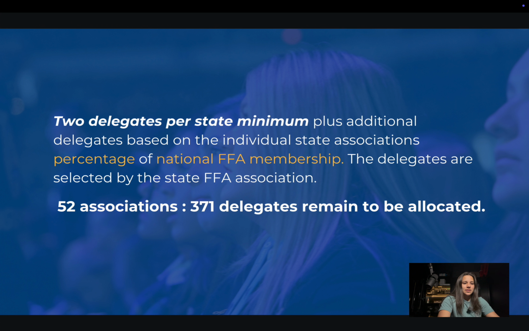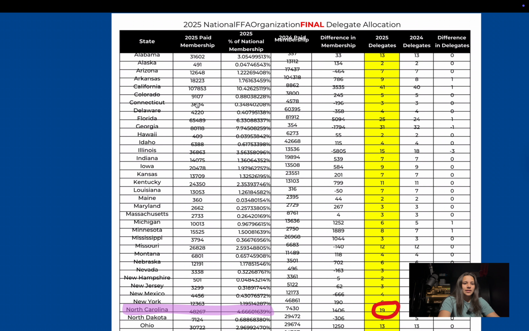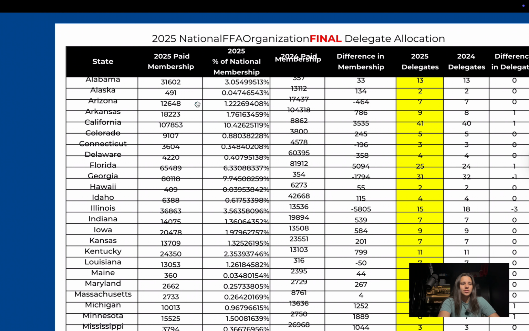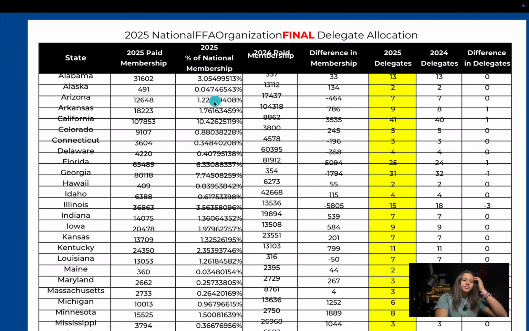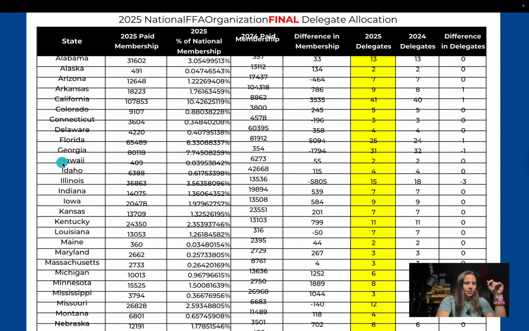To help you understand this a little bit better, here is the delegate allocation for this year, which is 2025. I know the lines are a little screwed, so let's go down here. Idaho has 6,388 members.